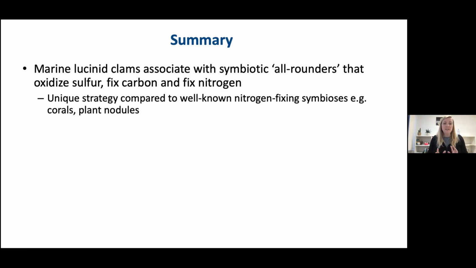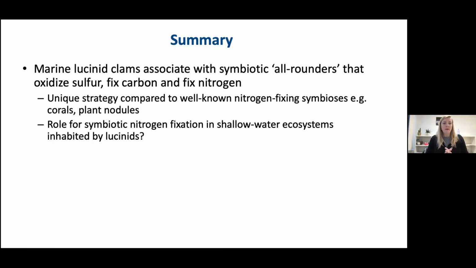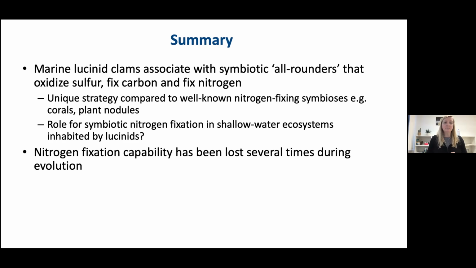And this is a unique strategy compared to other well-known nitrogen-fixing symbioses, for example, in corals, where it's only one symbiont that's responsible for nitrogen provision, or symbionts that only provide nitrogen, or in plant nodules, where it's an exchange of carbon and nitrogen. We also showed that there may be a role for symbiotic nitrogen fixation in shallow water ecosystems inhabited by leucinids if they are releasing ammonium to the surrounding sediments.